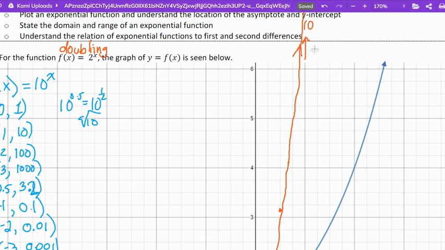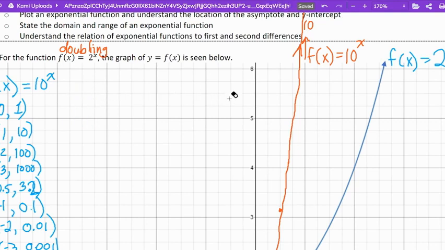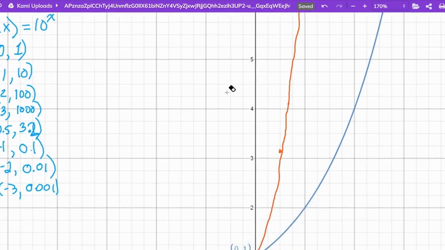We're going to call this function f of x equals 10 to the power of x. And this blue one on my graph is f of x equals 2 to the power of x. So as the base of the exponent gets higher, it grows exponentially, but faster.